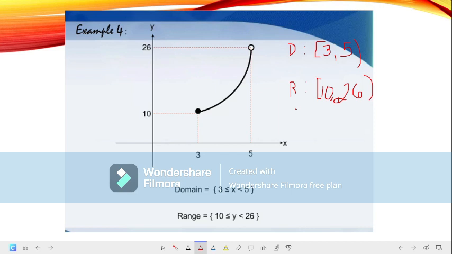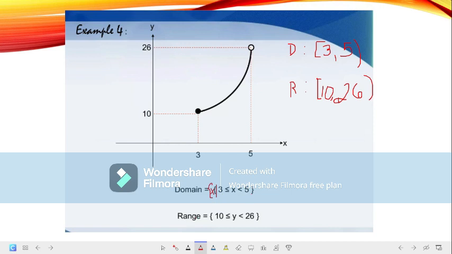Now how about the set builder notation? To make it complete, we have the set of all x's such that x is greater than or equal to 3 but less than 5.